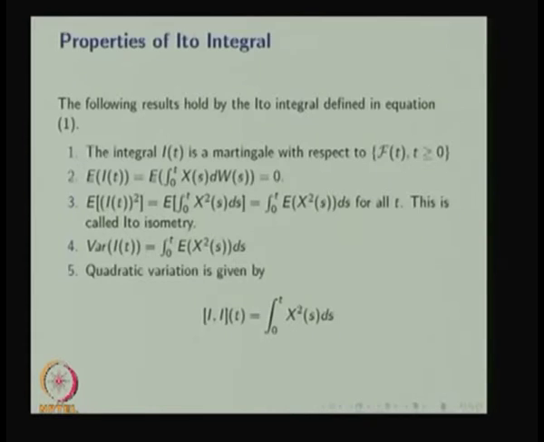Then it has to be adapted. Then, as the third property, the conditional expectation has to satisfy the equality property. If these three properties are satisfied by the stochastic process, then we say the stochastic process has the martingale property. So, here I of t is a stochastic process for t greater than or equal to 0.